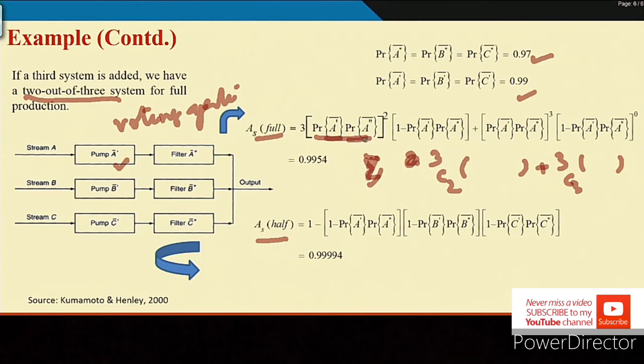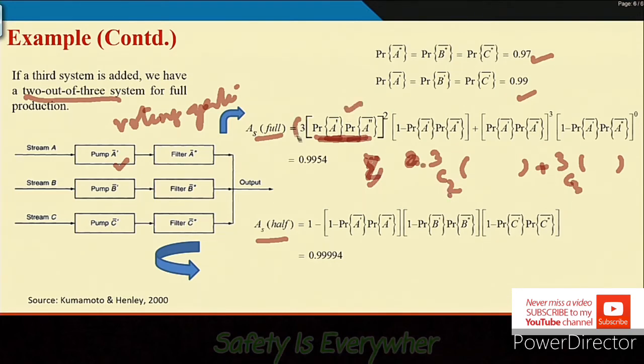So, this is the first part, the success part, its square. So this square, 3C2 will give you 3. Now, you have 2 multiplications: one of this probability times square, and what is the complement? Complement will be 1 minus this to the power 3 minus 2, that is 1.